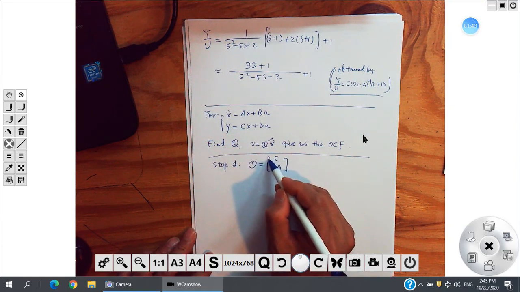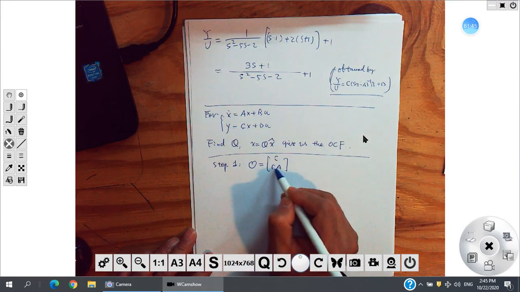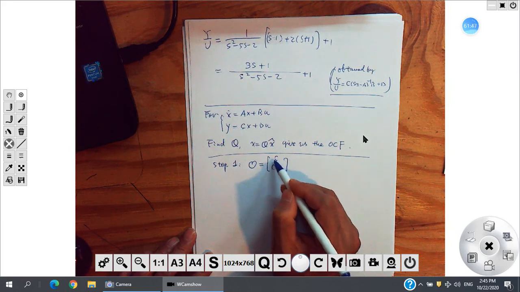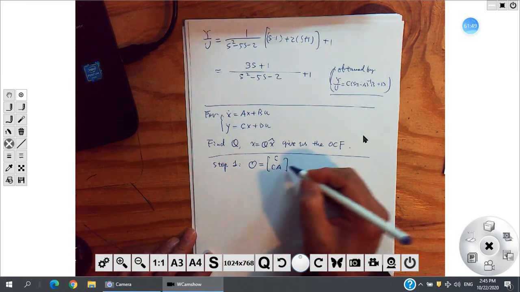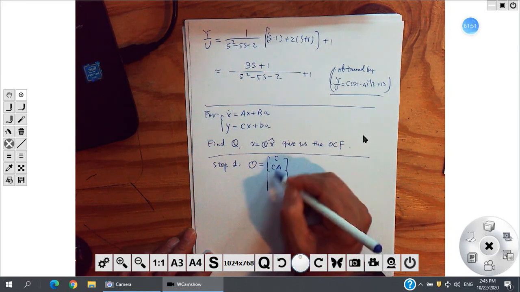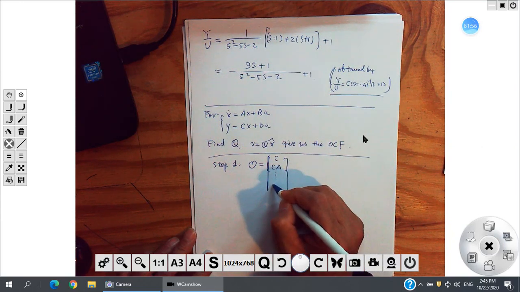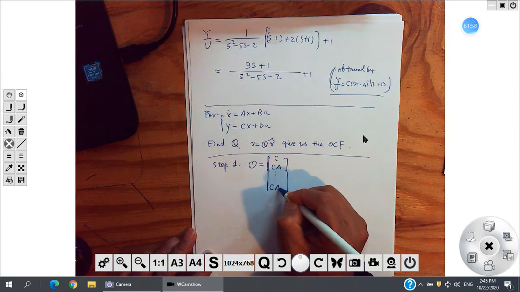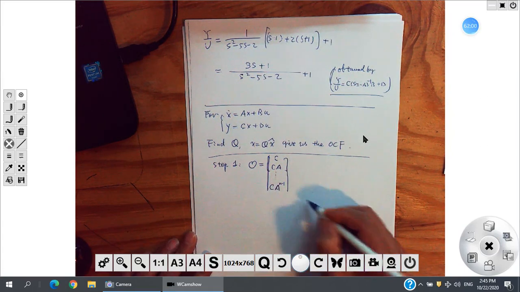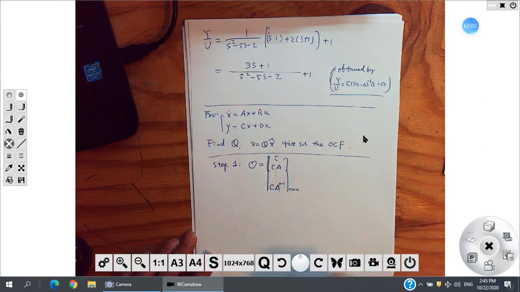So the first row is C, and the second row is C times A. And put them together, I have O. But in general, we have more sizes. This is size 2. If you have more, there will be C times A to the n minus 1. So this will be an n by n matrix, a square matrix.